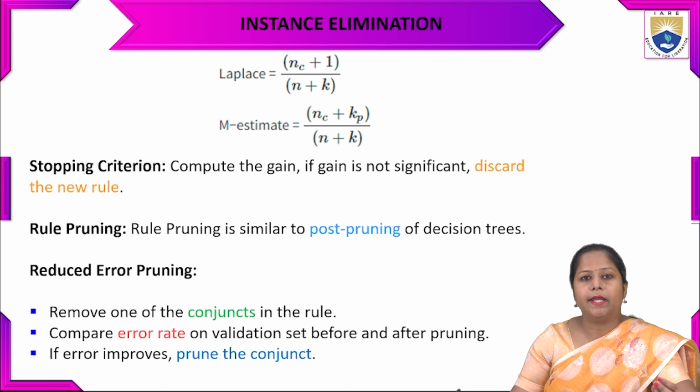After we make the decision tree, post-pruning follows, and after it completes, the error is recorded. Then we again eliminate the conjuncts and extra attribute rules.